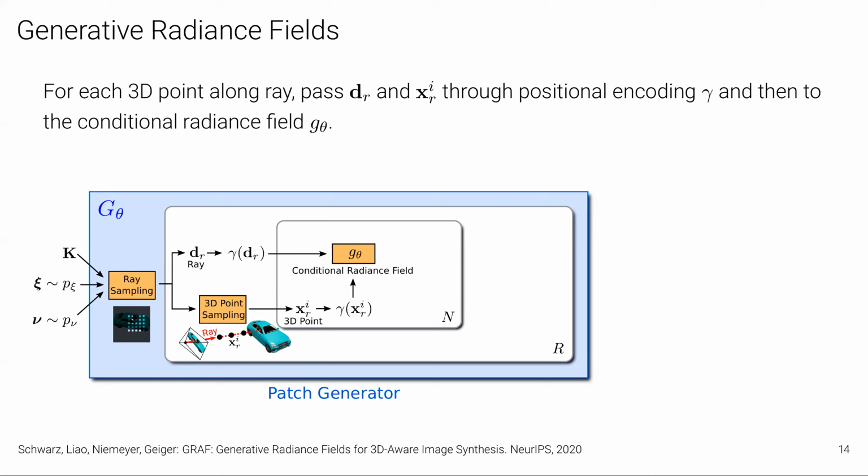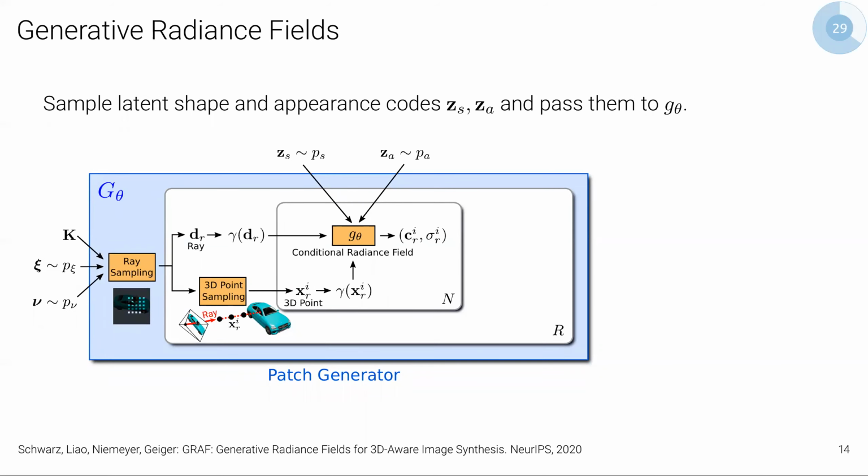So except for the sampling of the camera pose and this patch sampling, this is very similar to the original NeRF model, right? And so we say conditional radiance field here, so something is still missing.